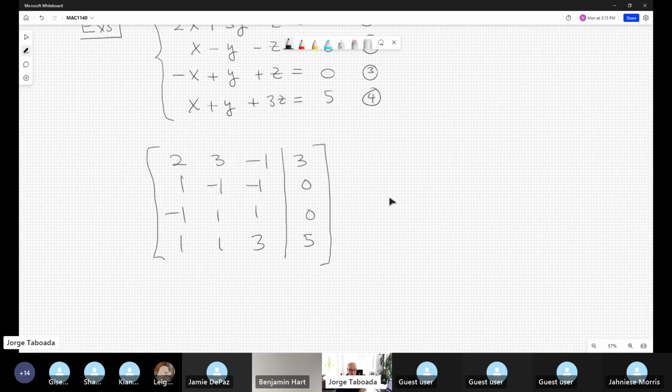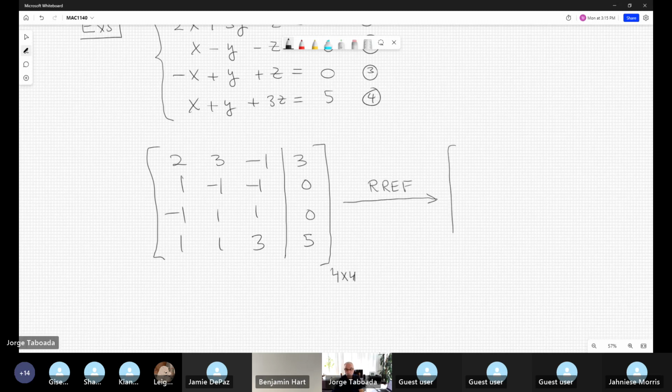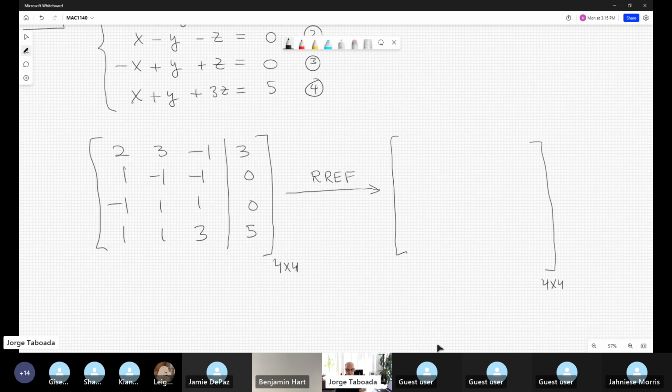By the way, it's a square matrix, 4 by 4, because we have 4 equations and 3 unknowns, plus 1 extra column for the right-hand side. But I don't care. I put it in the software, I apply the famous RREF, reduced row echelon form, and let's see what happens. You obtain another 4 by 4 matrix for sure, but with different numbers. Okay, let me try.